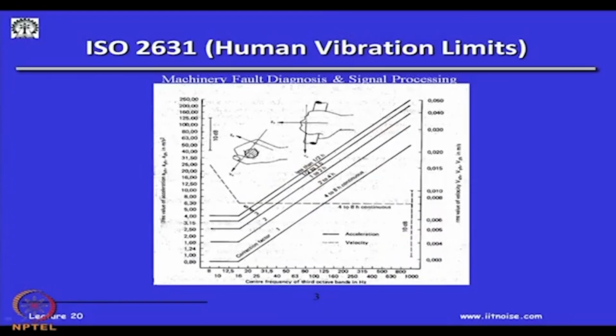For example, another is car seat vibrations. Your body is sitting on a platform, and what should be the maximum allowable level of vibration to the seat is also specified. These are for holding hands and for human body positions; there are different levels, and you can see that in the standard.